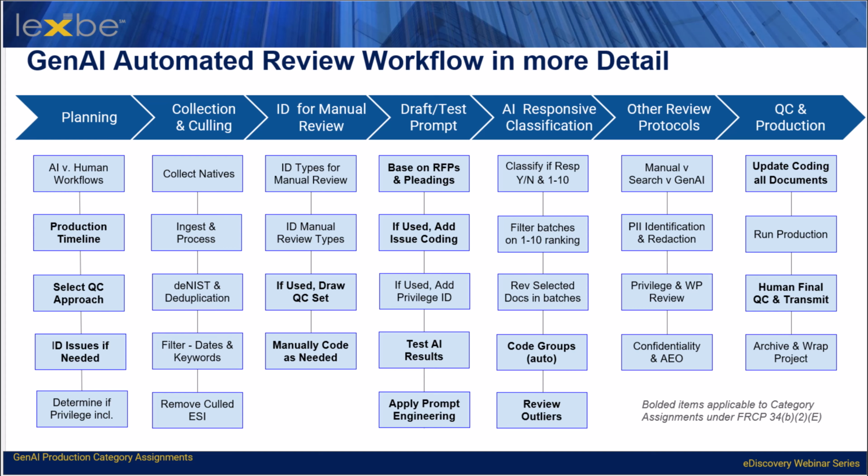During collection and culling, documents are collected in a native form and ingested into the eDiscovery platform for processing. Standard processing steps are applied, including deNISTing, deduplication, and filtering by date ranges and agreed upon keywords where applicable.